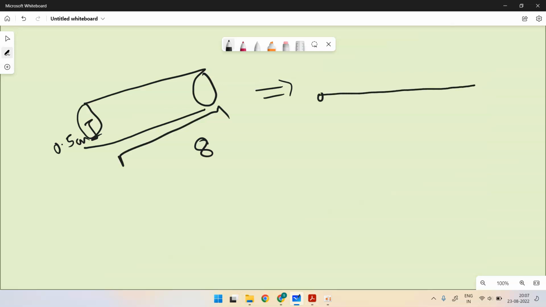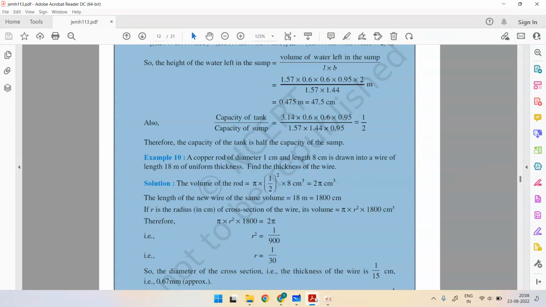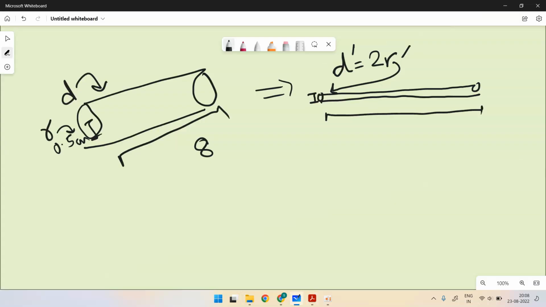If you want to find the thickness of the wire, this is the length of the wire, the thickness will be this, and this is nothing but d, the diameter, which is equal to 2 into r. Here r is for this, or you can say d dash, r dash. If I take r dash as the radius and the diameter of this is d dash, the length is 18 centimeter. This length is nothing but the height of the cylinder.